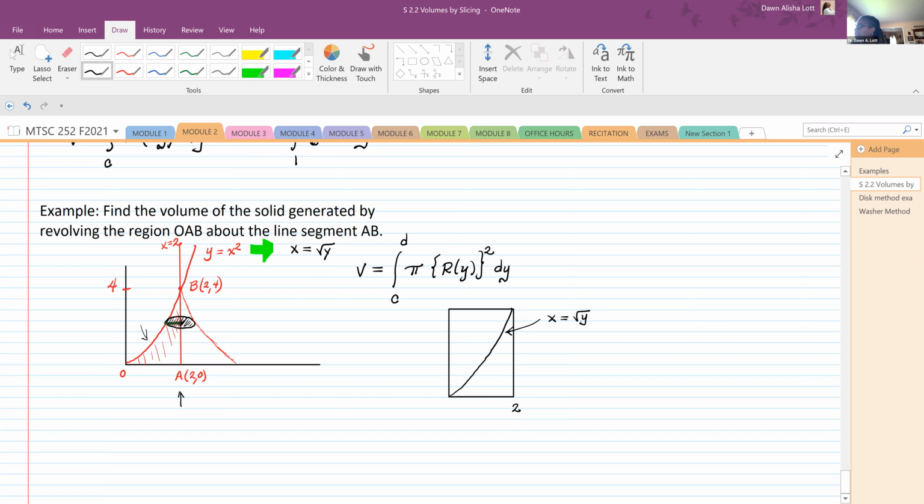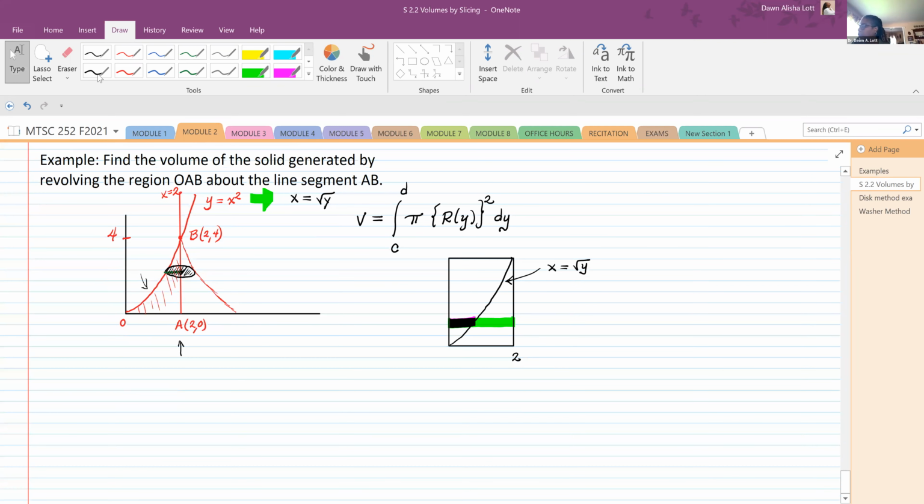So now notice if you take this length, which is x equals 2, and you subtract this part, then you're only left with that part, which is what I want. So therefore, my radius is going to take 2 and subtract the square root of y.